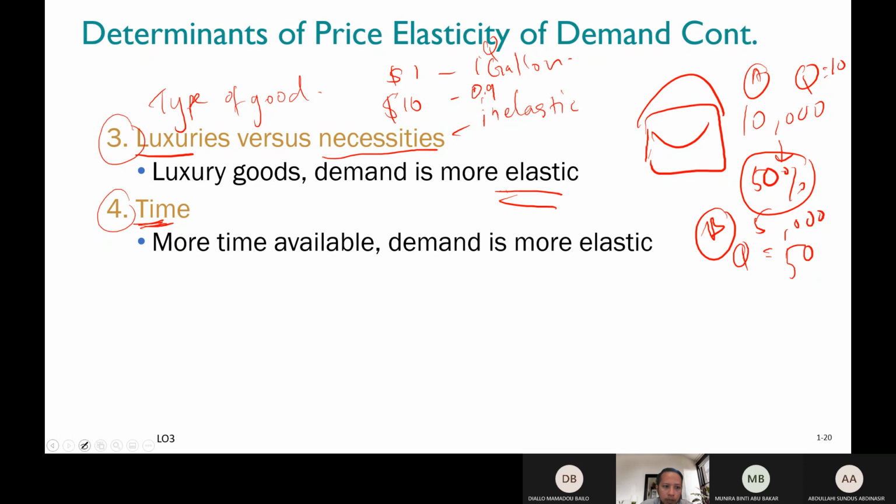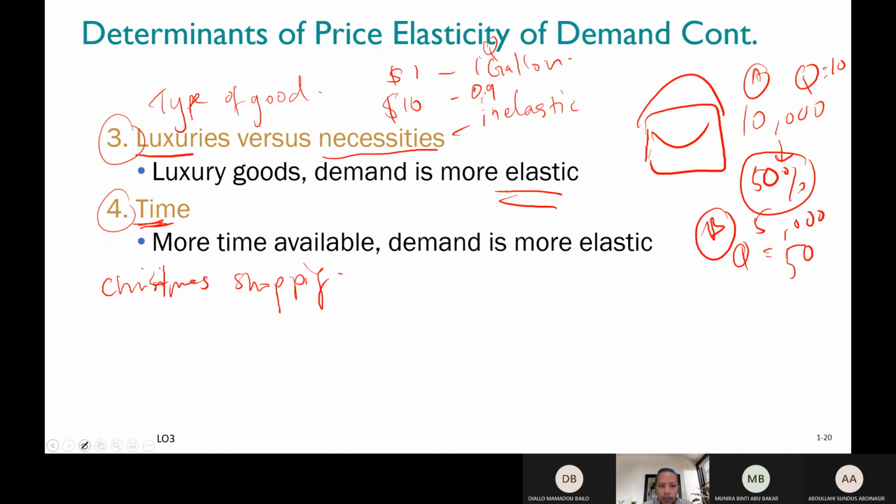If you go Christmas shopping at the last minute to buy presents for other people, and tomorrow you have to give your present immediately, no matter what the price is, you will still buy it.